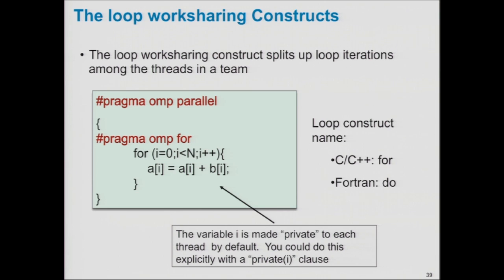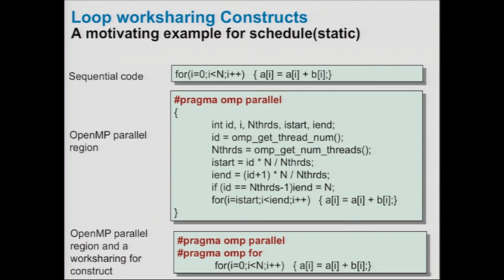You could, as this indicates, add a clause, and we'll discuss those shortly, a data sharing attribute clause to the loop construct that says make I private. Now notice the difference here, all right? If we wanted to take this sequential loop and parallelize it just using a parallel construct, we're going to have to go and make a number of changes to the loop in order to deal those iterations out across the different threads.